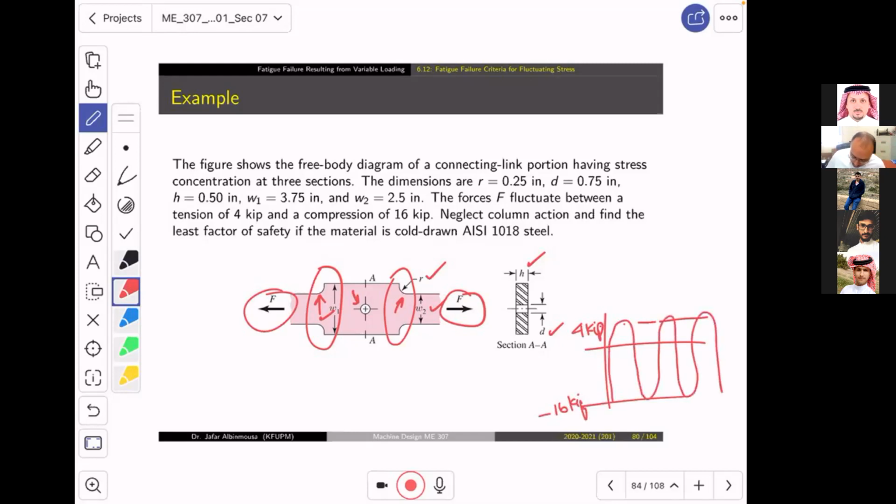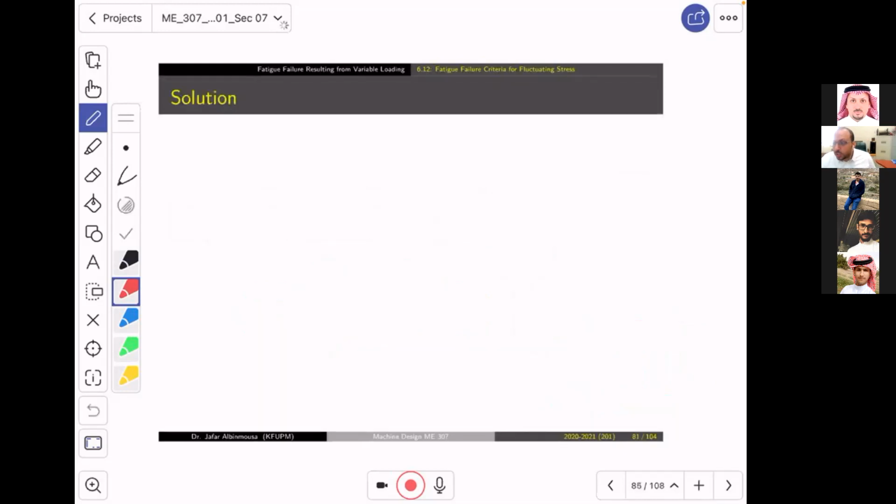It says neglect column action, meaning don't talk about whether this is going to buckle or not. Just focus on the factor of safety, if this material is made from AISI 1018 steel.